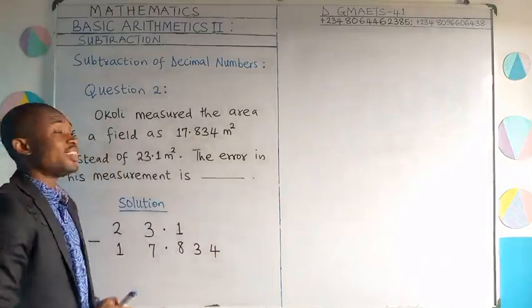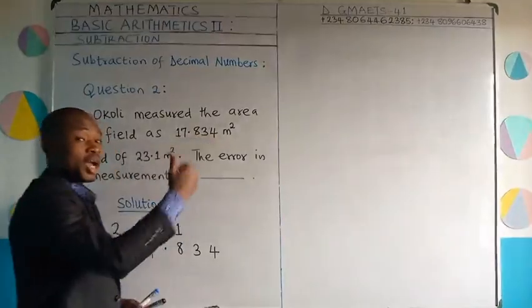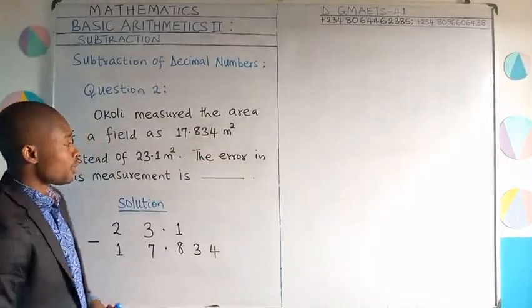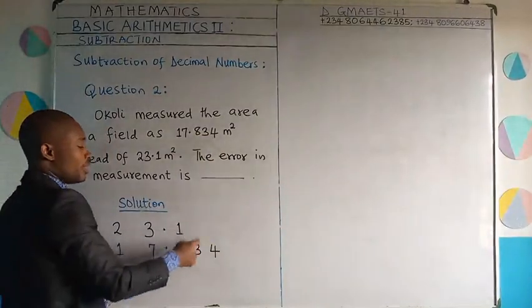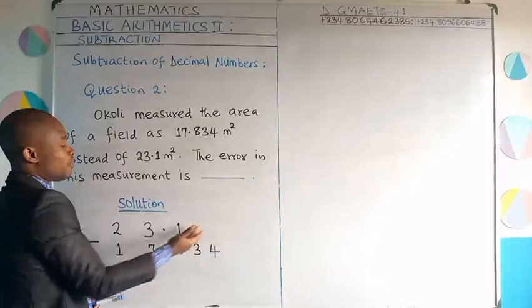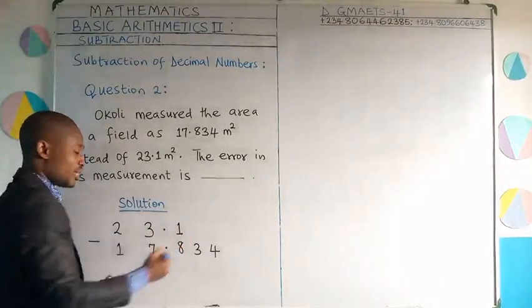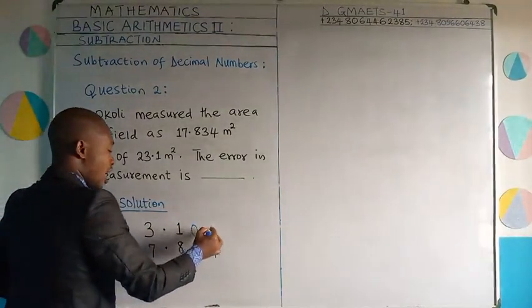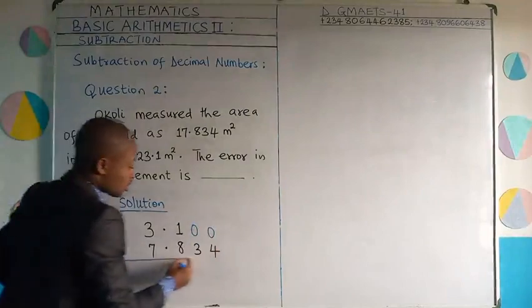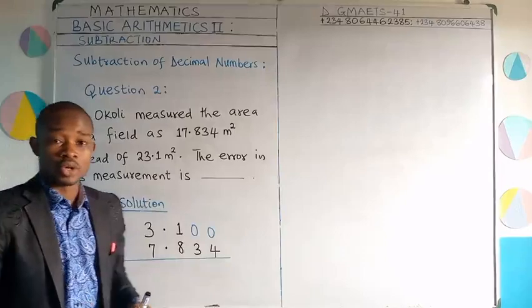So you see clearly that this 834 has the higher decimal place value. Therefore, I will fill up the empty place values for this 23.1, which is going to be 0 here and 0 here. Let us do the subtraction and see what we are going to get.